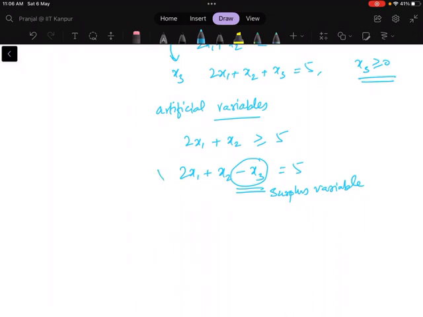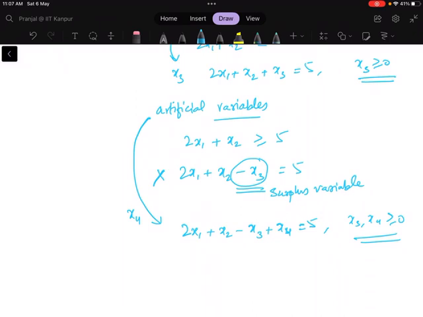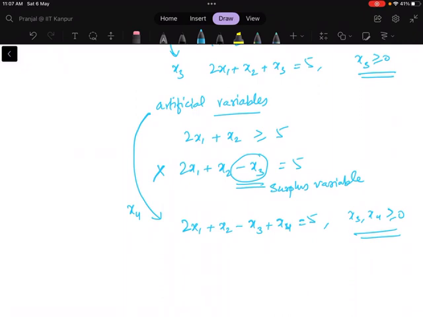So we take one more variable, an artificial variable x4, and write 2x1 plus x2 minus x3 plus x4 equals to 5, where x3 and x4 are greater than or equals to 0. This is the strategy that we use to convert inequality constraints to equality constraints.